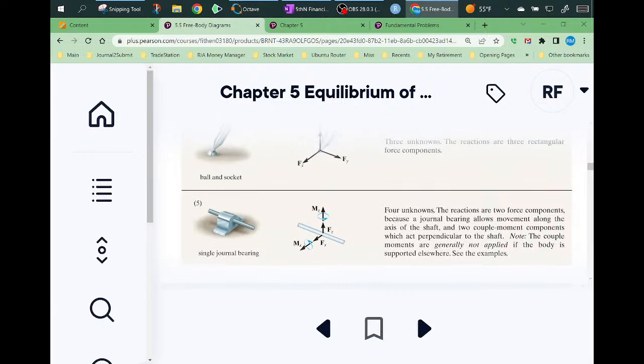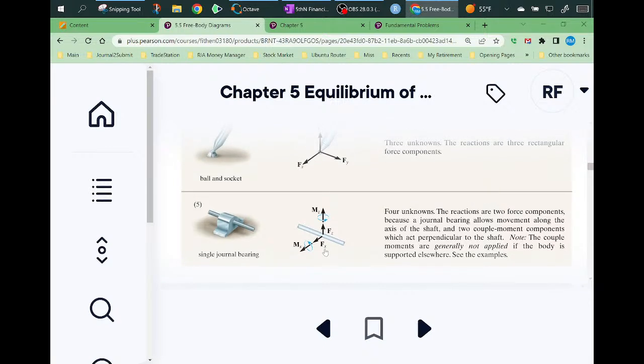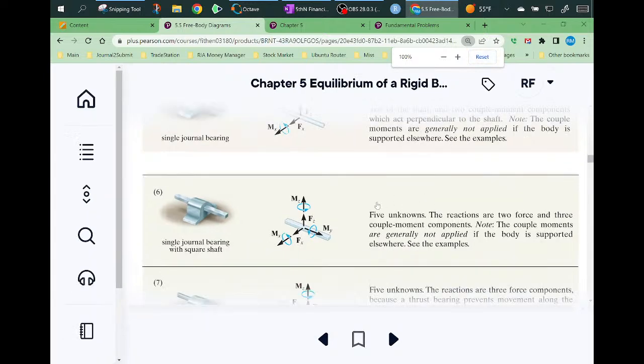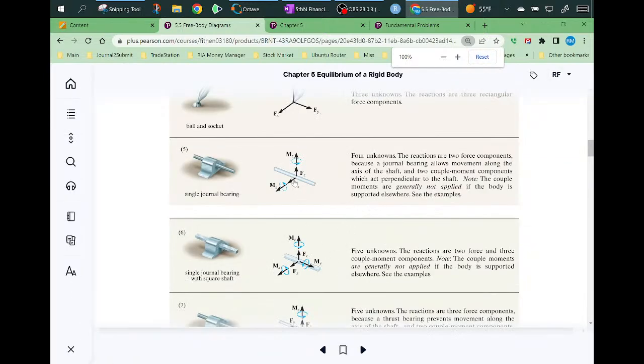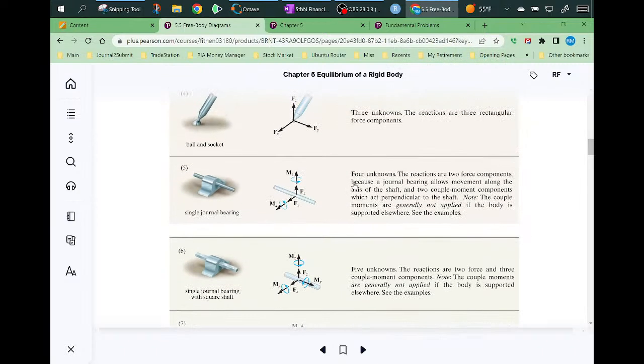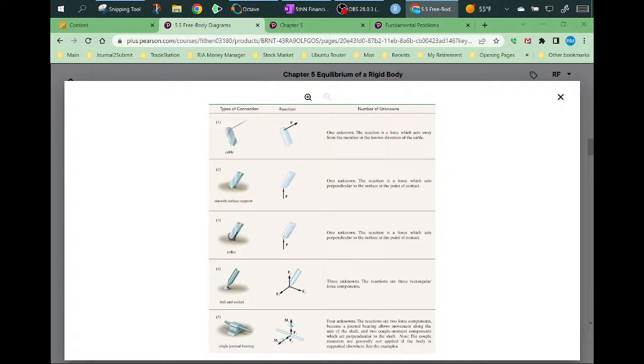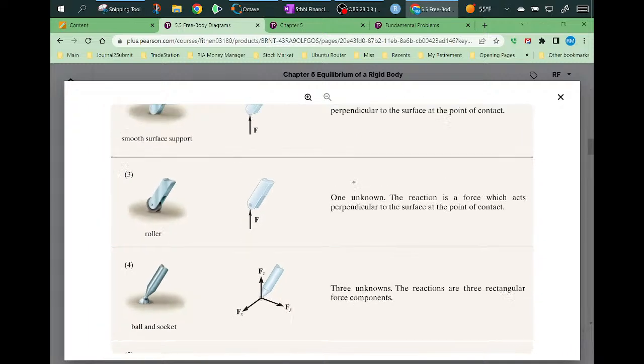This thing can carry a moment. He shows it carrying a moment. The moment's being carried right there. It's right there. Very plain to see right down here at the bottom.